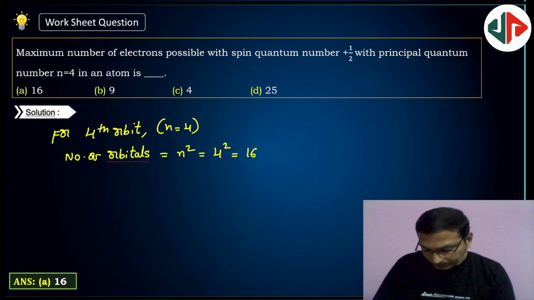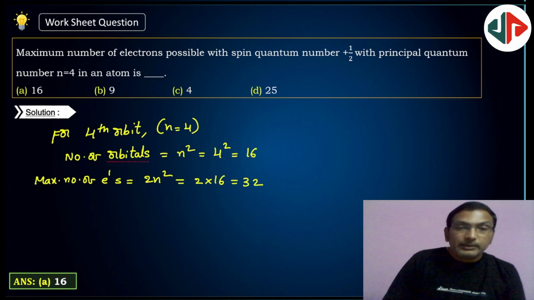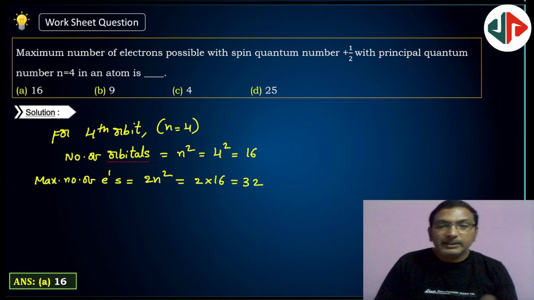Next, maximum number of electrons equal to 2n square, means 2 into 16, that is 32. So total number of electrons will be 32.